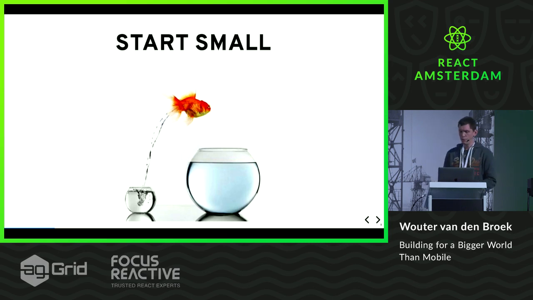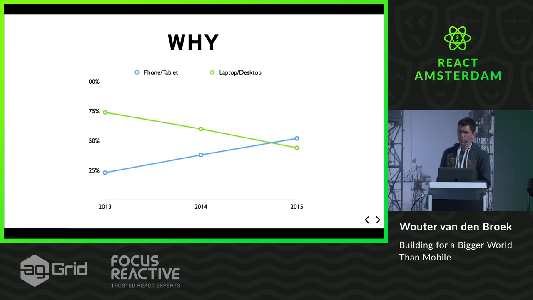So, of course, the first question is, why should we make a desktop application other than making one for a client? Well, desktops are not the greatest part of the ecosystem, as you can see here, but it is still a large part of the ecosystem which we rely on. And of course, the web browser is the first thing we think of when making something for a desktop with React.